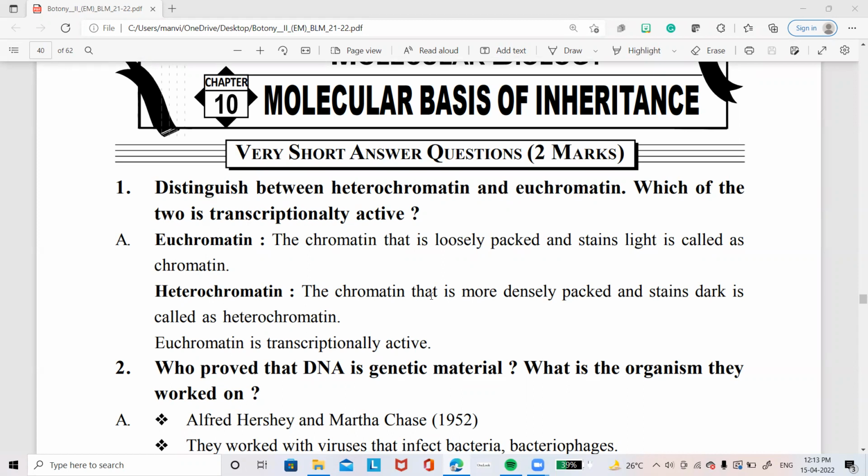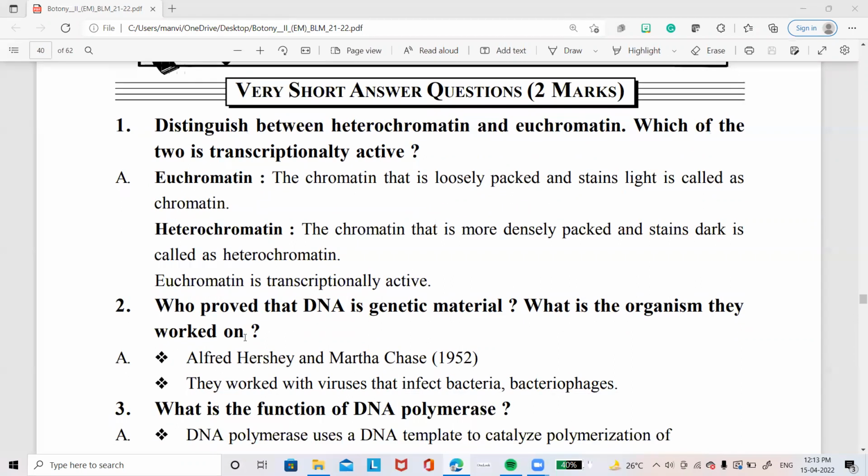Heterochromatin, the chromatin that is more densely packed and stains dark, is called heterochromatin. Euchromatin is transcriptionally active.